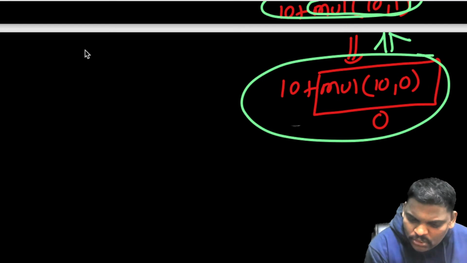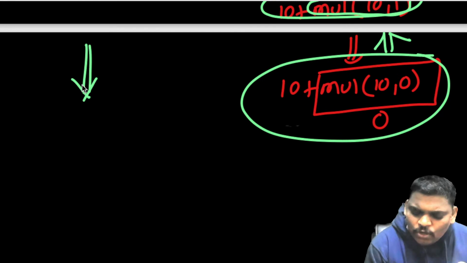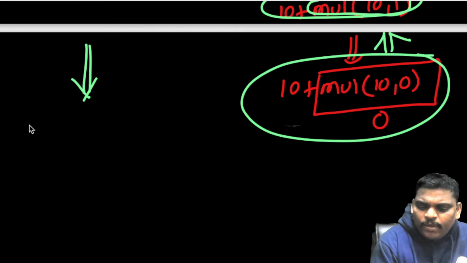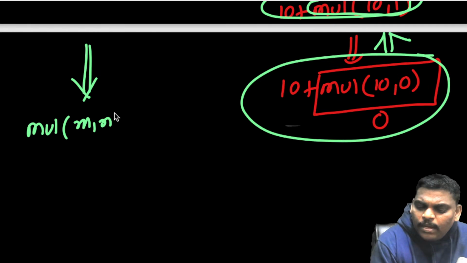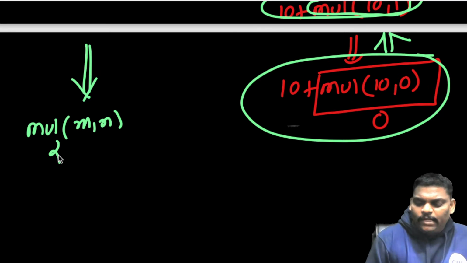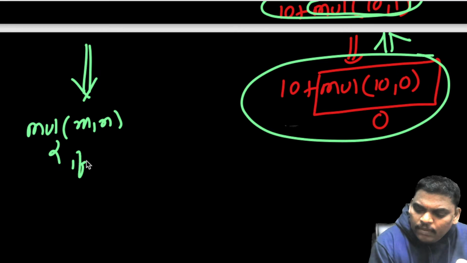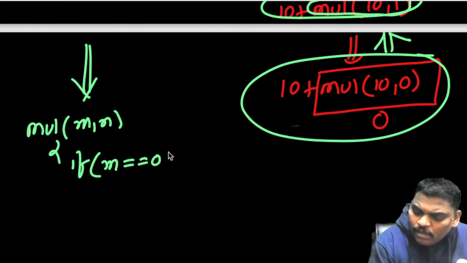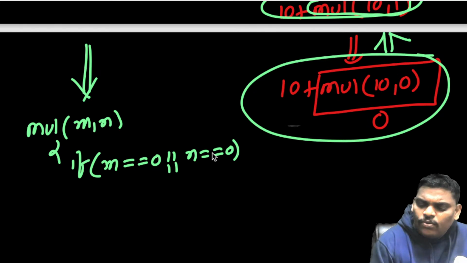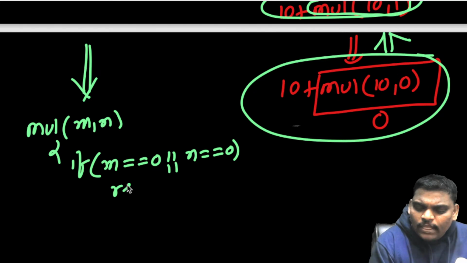See the program, everyone. Multiplication of m comma n. Inside: if m is equal to 0 or n is equal to 0, what is the answer? If any one is 0, the answer is 0.